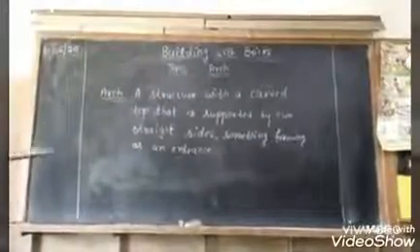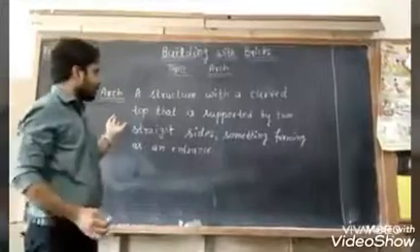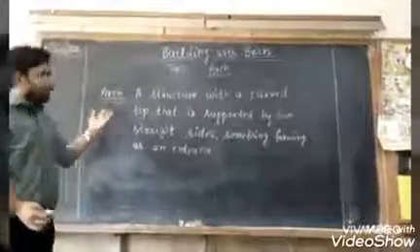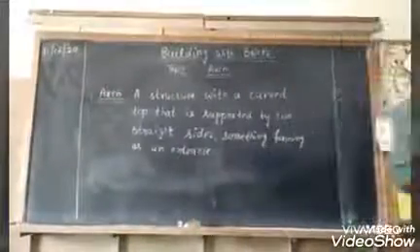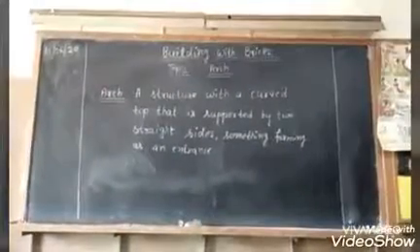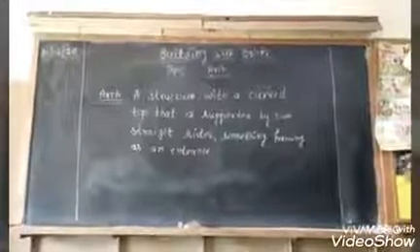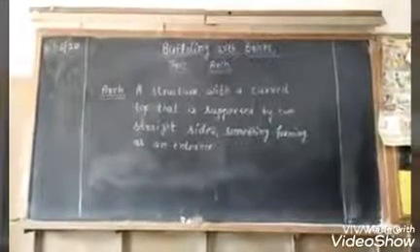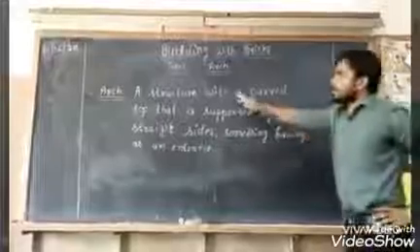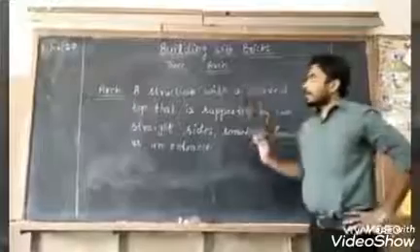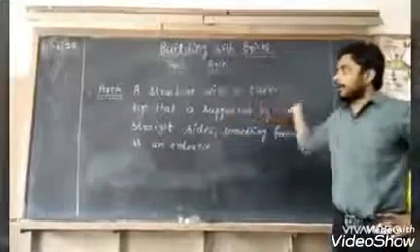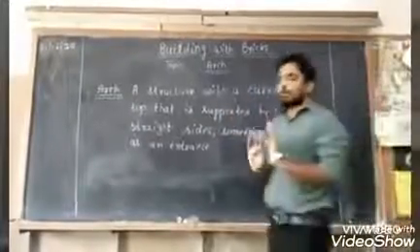So an arc is a structure with a curved top that is supported by two straight sides, something forming an entrance. Hope now you understand and are familiar with this word arc. I think now no one has any confusion about this word arc.